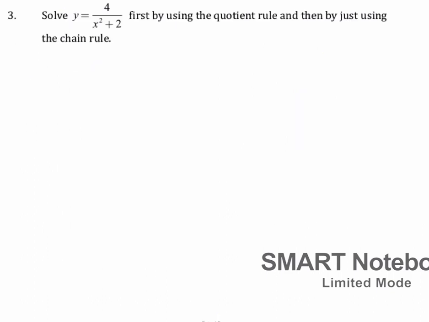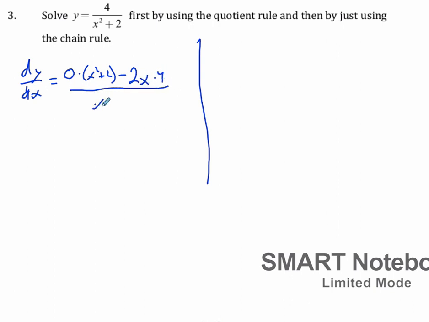Okay, another example. First quotient rule, then chain rule. Let's find the derivative using the quotient rule. So we do the derivative of the top, which is 0 times the bottom, minus the derivative of the bottom times the top, over the bottom squared.